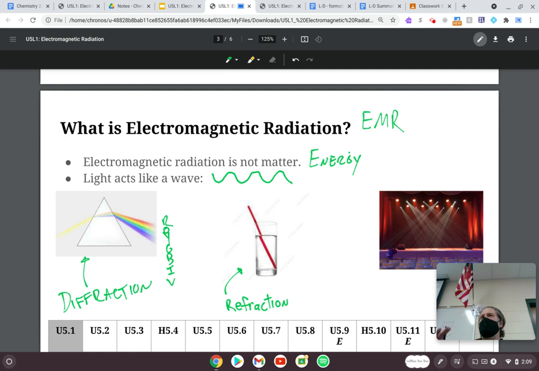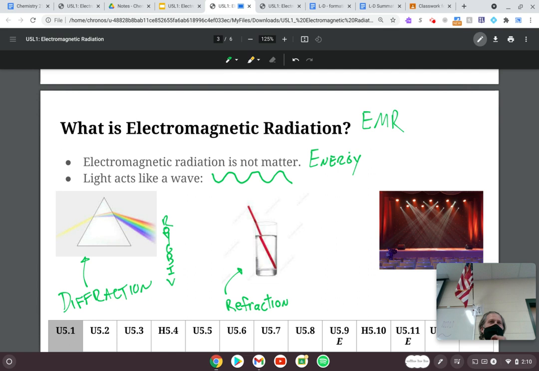So when light is traveling through a gas, like air, the air particles are super spread out, and the light itself doesn't have a lot of things to run into, so it travels at a very consistent speed. But if light were to travel into, say, water, which is a liquid, that liquid is a little bit more dense, meaning that the particles are closer together, and as a result of that, the light ends up slowing down. So as the light travels from air into a thicker medium like water, the light wave itself, or the light beam of energy, slows down.